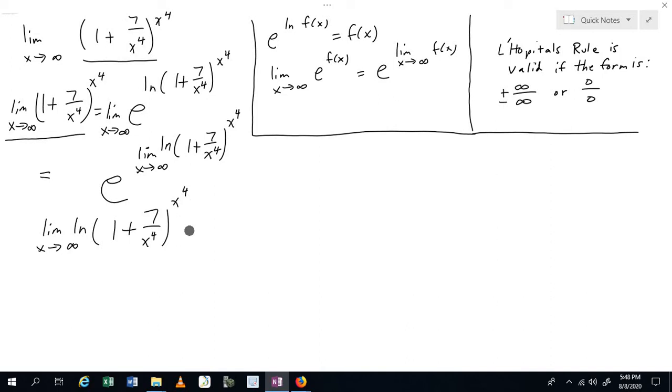I think the answer is we're trying to take advantage of the properties of logarithms. Notice right here, we can actually simplify this logarithm before we take the limit as x goes to infinity. We're allowed to take this exponent up here and multiply it in front of the natural logarithm. That's a property of logarithms. We wouldn't have been able to do that if we hadn't rewritten it like this first.